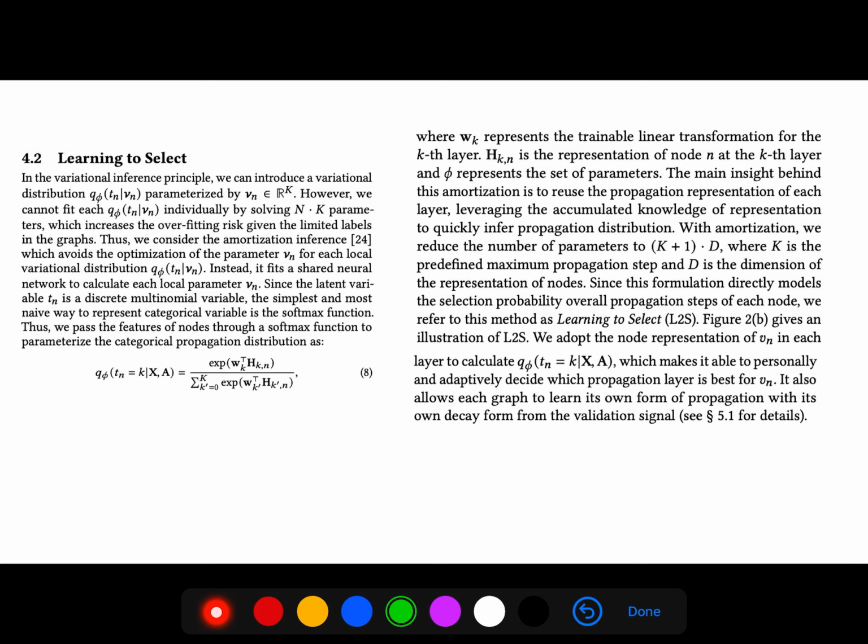Instead, it fits a shared neural network to calculate each local variable v sub n. So here W_k is just a trainable learnable transformation, and h is the representation of the node at the kth layer, and phi here is just a set of parameters.